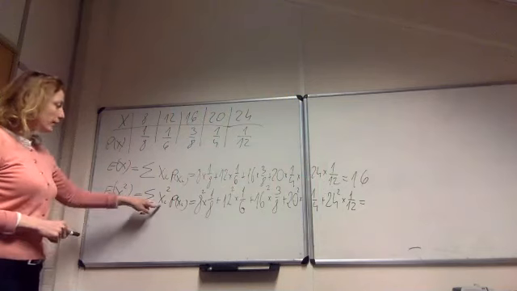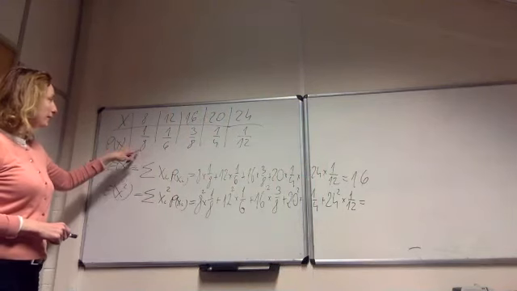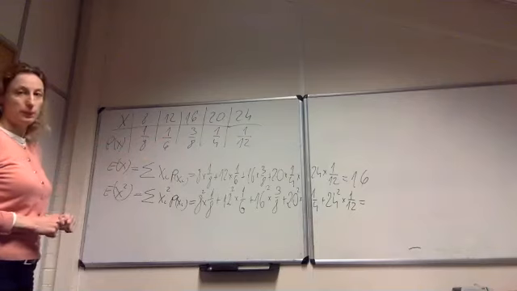Okay, so we only square the x's and multiply by their original probabilities.